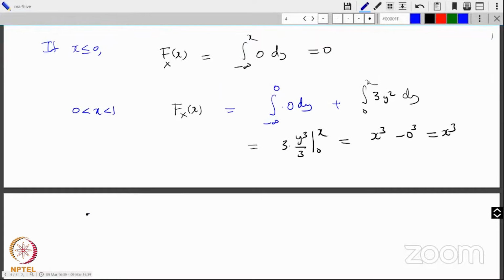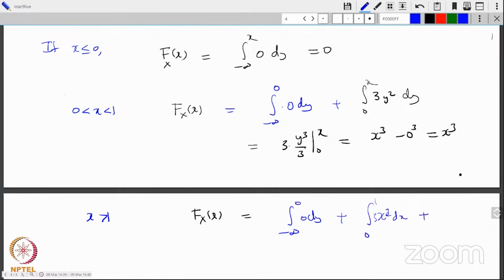Then now, if x is bigger than 1, how do you calculate that? So F sub X of x on the other side: first you will have the integral from minus infinity to 0 of 0 dy. That part will remain. Then plus the integral from 0 to 1 of 3x squared dx. That will remain.